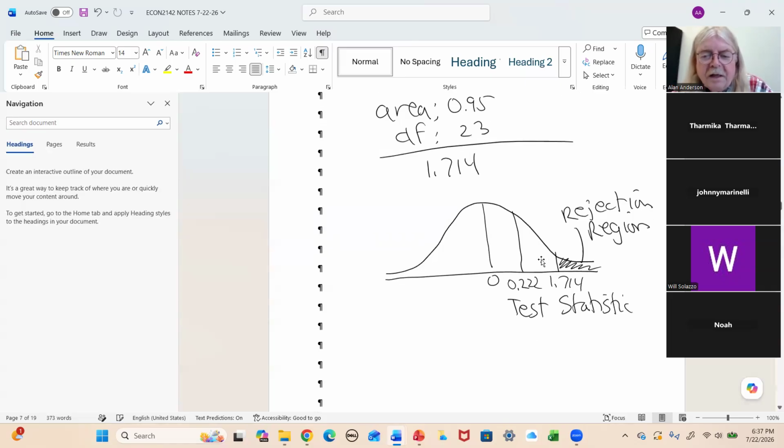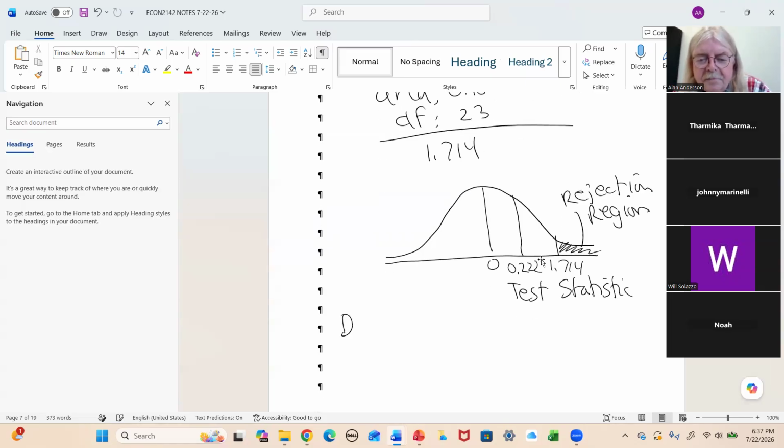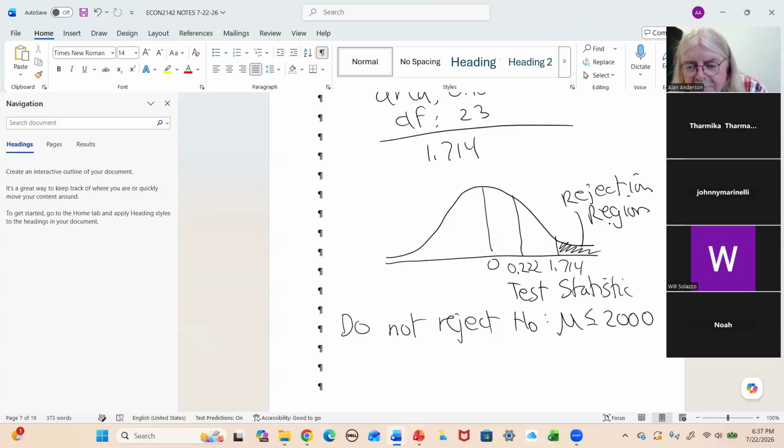And so therefore we do not reject the null, that the mean was less than or equal to 2000. And that's it. We do not reject it.